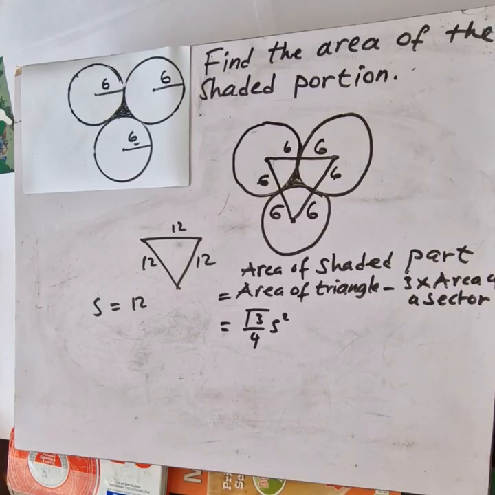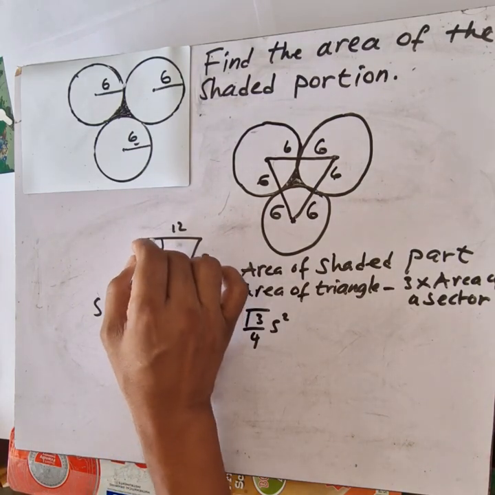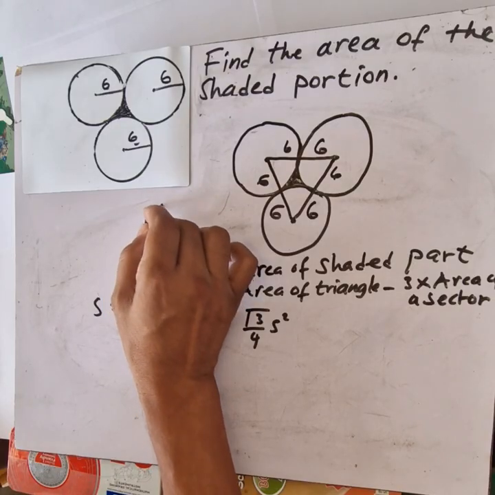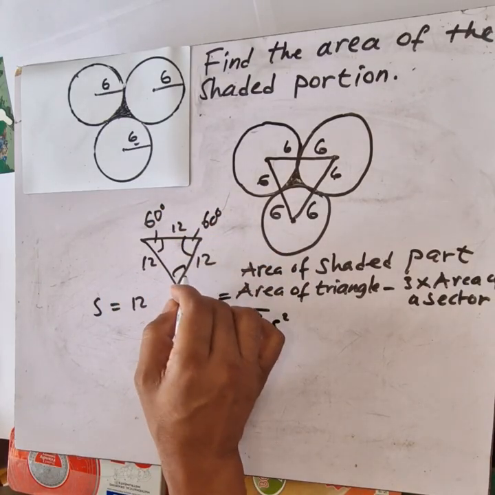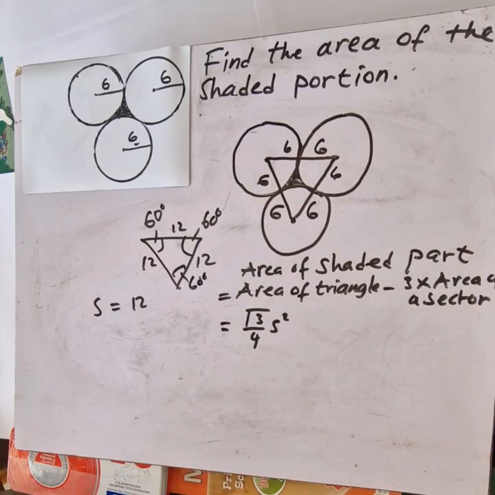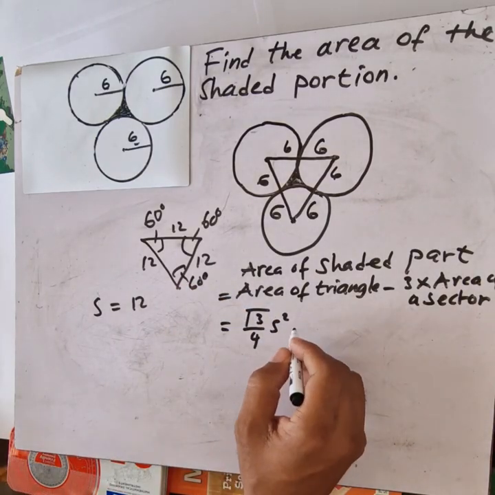Now, another common fact about triangles is that once they are equilateral, the interior angles are always 60 degrees. Let's go on.